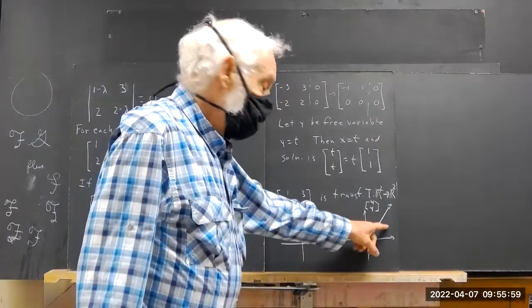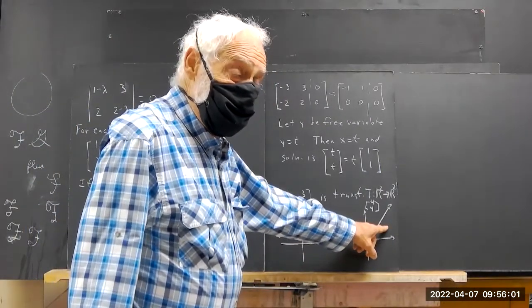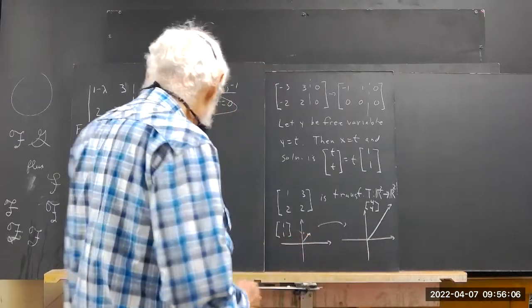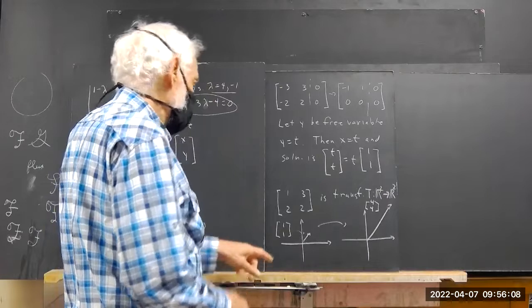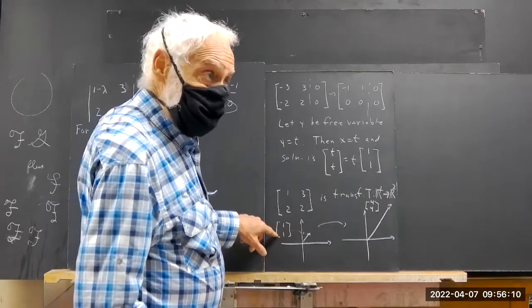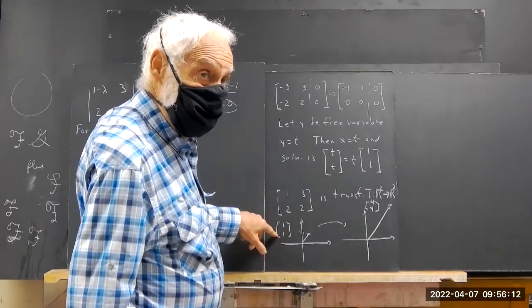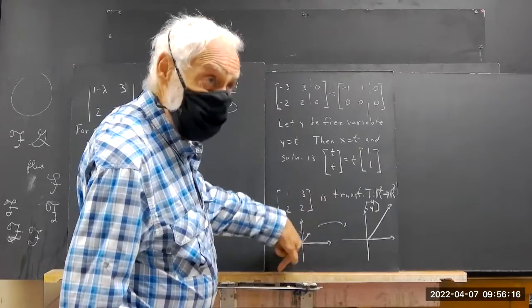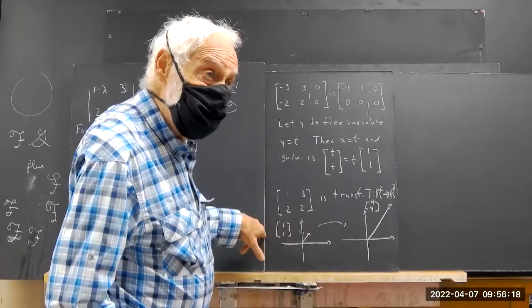You notice that 4, 4 is in the same direction as 1, 1. And then if this was t, whatever t is, it's some vector longer than this or shorter than this, and maybe back in this direction because t could be negative.